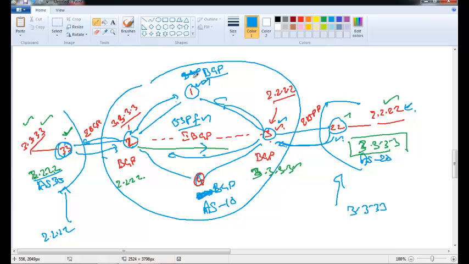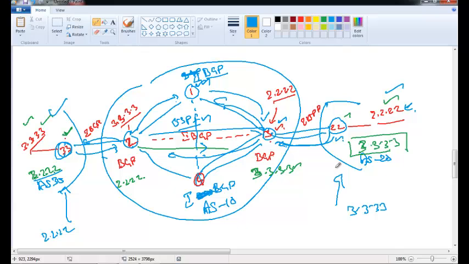So now, because I have IBGP here, all these routers need to be fully meshed. When we configure BGP on router 3, I need to say I have a neighbor called router 1, a neighbor called router 2, a neighbor called router 4, and so on. Fully mesh. All should be neighbors, even not directly connected routers. So when we have something like this, fully mesh, pinging from here to here is possible.